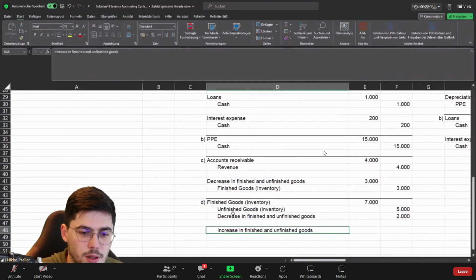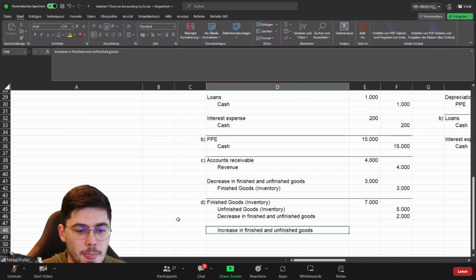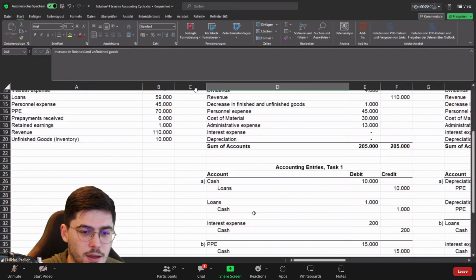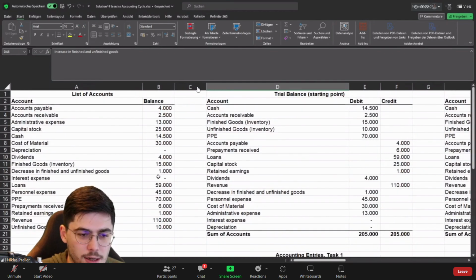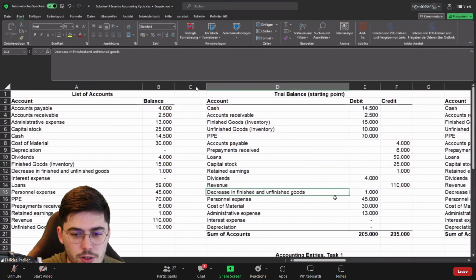That has the same kind of effect on the balance sheet and the income statement, but it's just a difference in the naming of the accounts. But as we don't have a separate increase account on here, we have the decrease, we have to utilize the decrease account, decrease in finished and unfinished goods, and have to reduce that one.